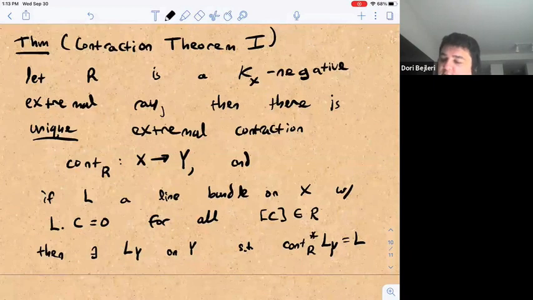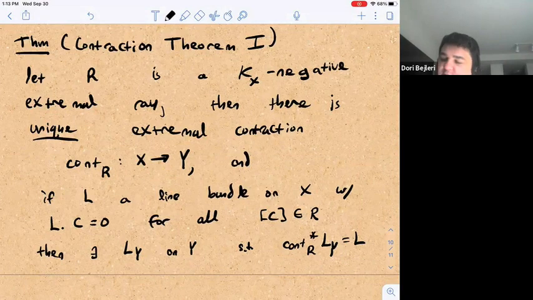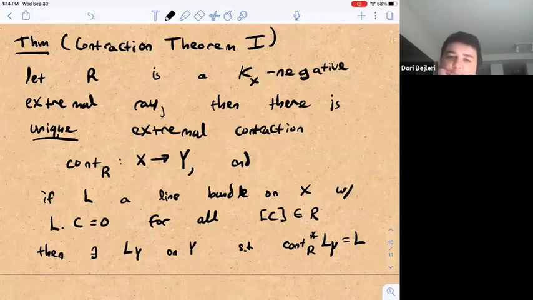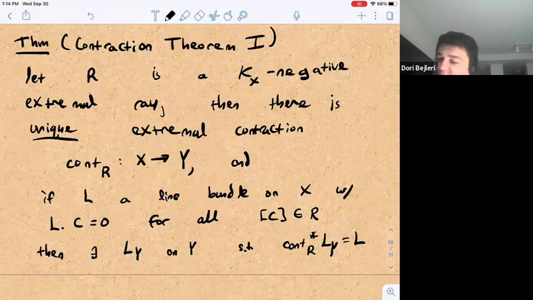So the difficulty then is that we need to generalize the cone and contraction theorems to some Y's, and then we need to show that every time we produce an extremal contraction, the singularities of Y are not so bad that we can still apply our more general cone and contraction theorems. And this won't always be true. Sometimes the singularities of Y will be so bad that there can't ever be a cone or contraction theorem on Y, and then we have to produce some kind of partial resolution of Y where we can keep going. So that's where we're going from here.